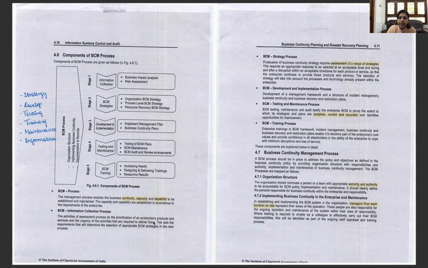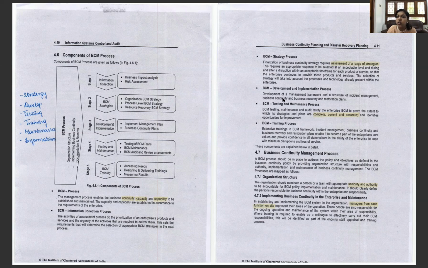So what are the products and services which we should prioritize, which is important for them, and what are the activities which are required for them. So to identify this, we have the information collection process.